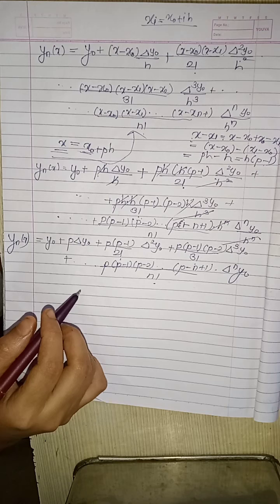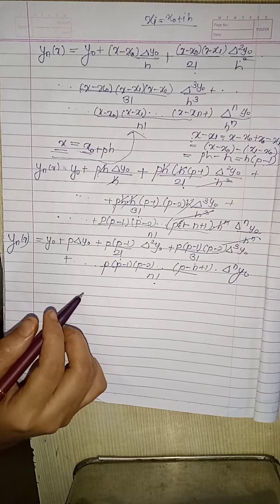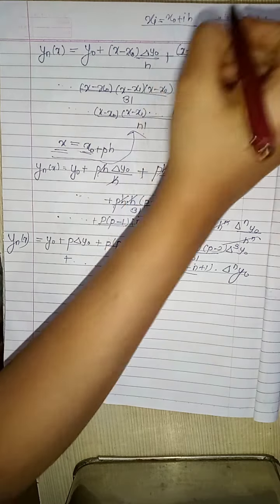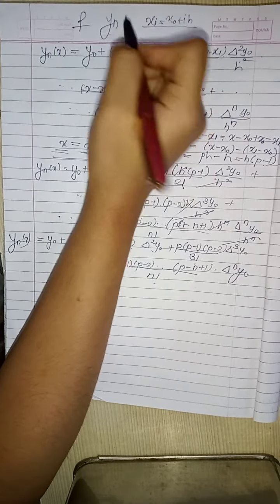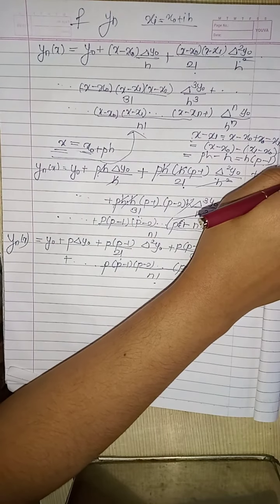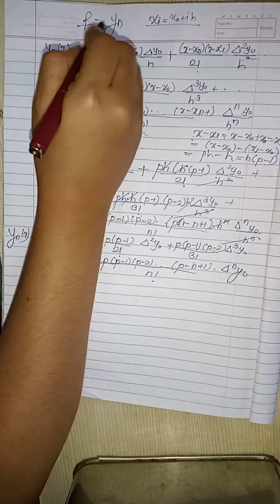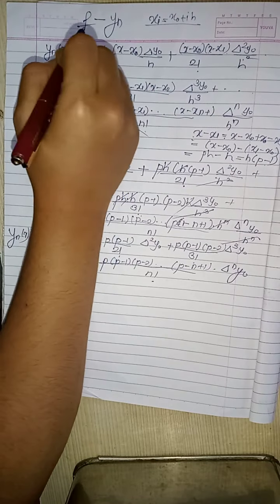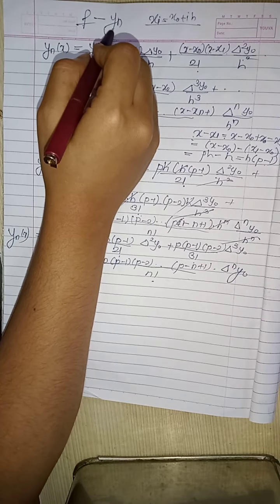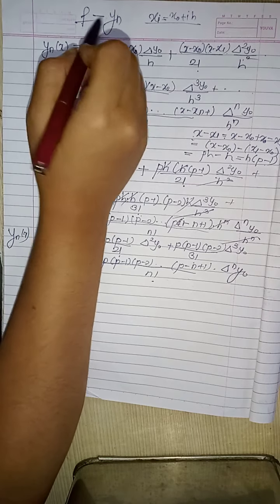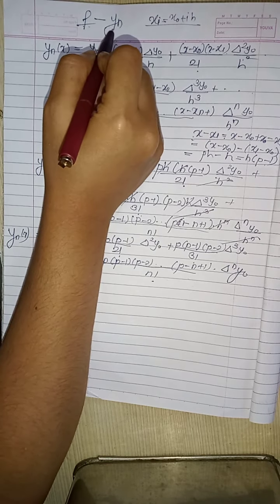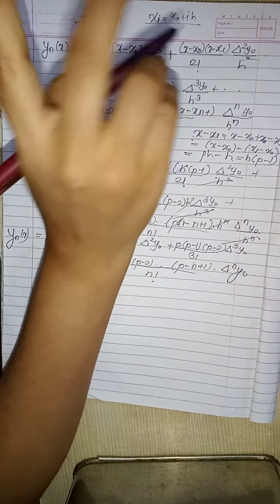Now if you want to find the error involved in this approximation, that means you had a function f and another function, the interpolating function yn of x. The difference between the actual value f of x and the approximated interpolating polynomial is nothing but the error.